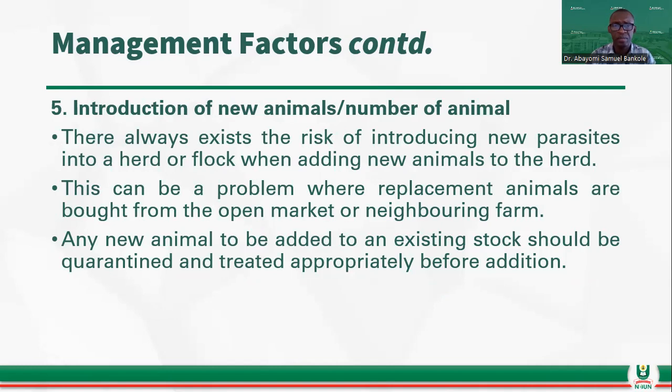Now, this can be a major problem where replacement animals are bought from the open market or a neighboring farm. In other words, any new animal to be added to an existing stock should be quarantined and treated appropriately before the addition.